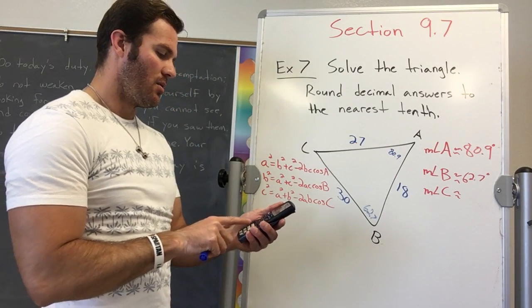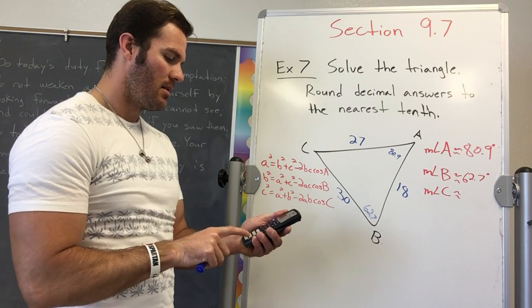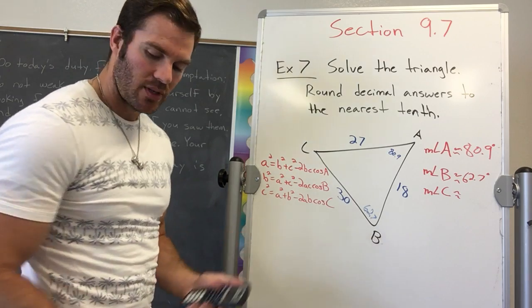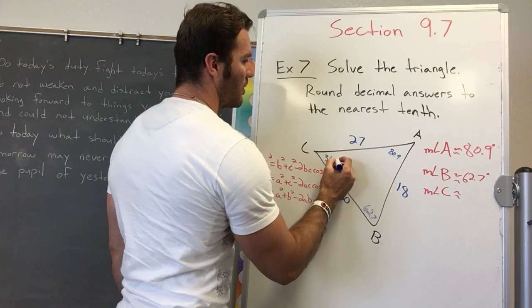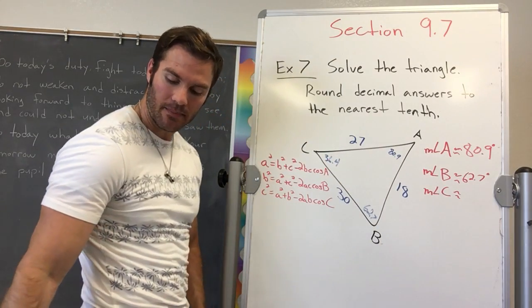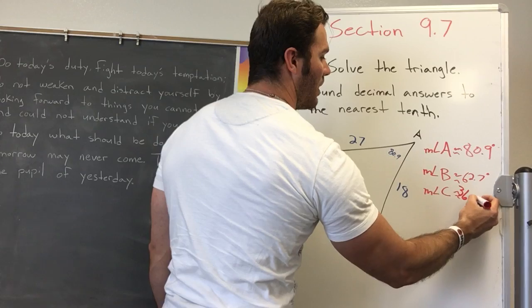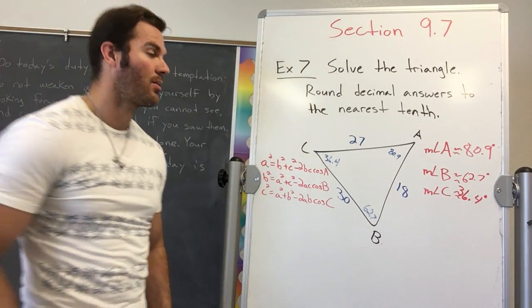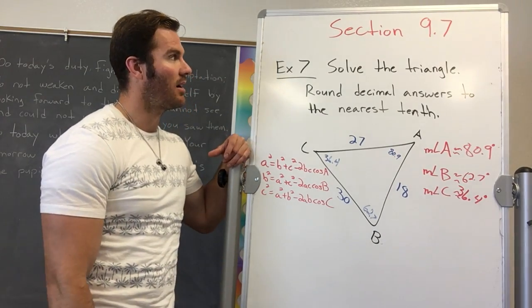So 180 minus 80.9 minus 62.7 equals 36.4. Boom. Got it. That was a lot easier than doing law of cosines, law of sines all the way through. But that's using a lot of the stuff that we've learned. Good example.